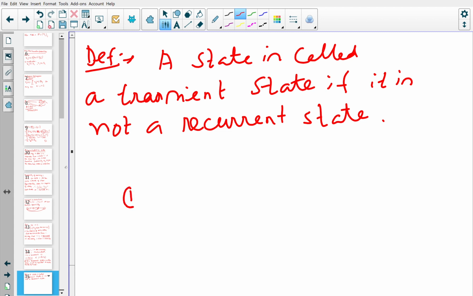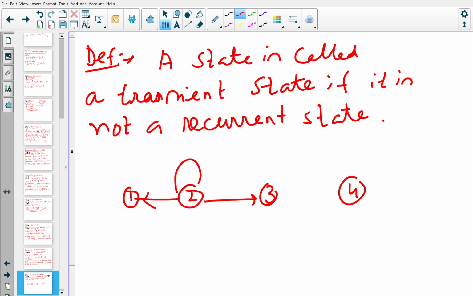Suppose we have states 1, 2, 3, and 4, with transitions 2 to 1, 2 to 2, 2 to 3, then 3 and 4, and then 4 to 2 and 4 to 4.